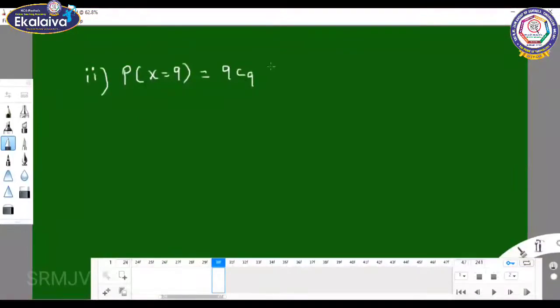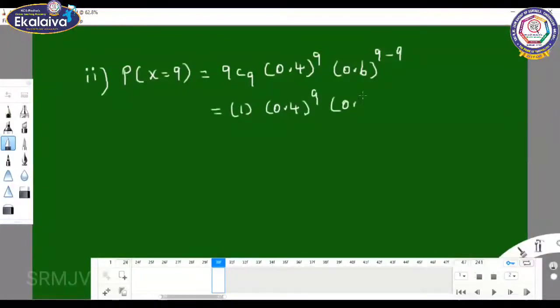9C9, 0.4 whole power 9 and 0.6 whole power 9 minus 9. 9C9 value is 1. 0.4 whole power 9, 0.6 whole power 0.